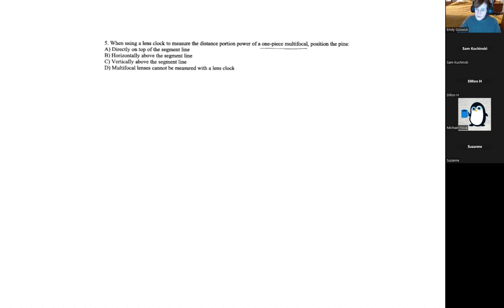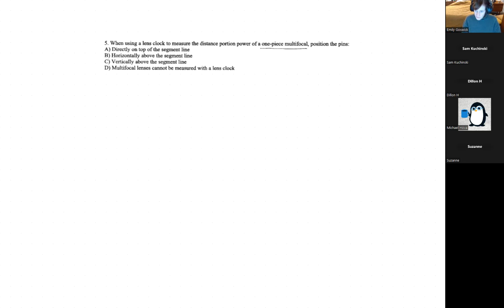Basically, what this question asks is, when using a lens clock to measure the distance portion power of a one-piece multifocal, where would you position the pins? One-piece multifocal in this sense means a fused bifocal lens, so the little segment is fused onto the front of the lens.